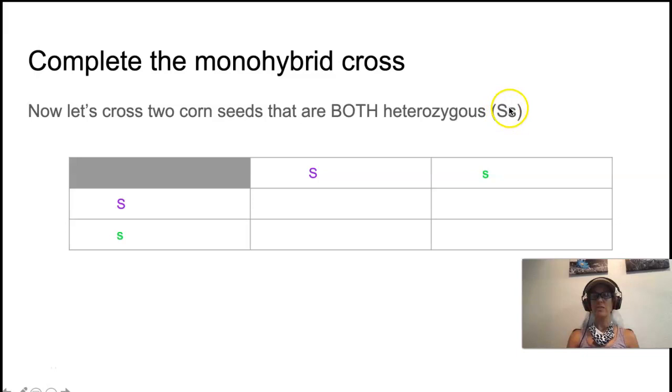So if we have a big S and a little s in the parent, the gametes could have either the dominant allele or the recessive allele, because it's 1 allele per characteristic in a gamete. And then the other parent has the same genotype, so 1 dominant allele in this gamete, 1 recessive allele in that gamete.